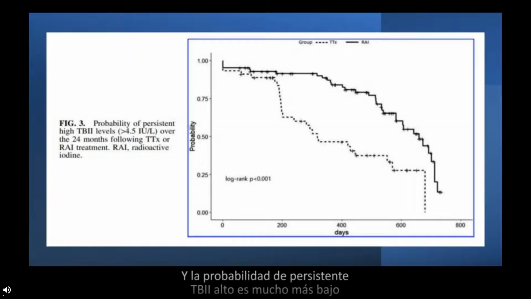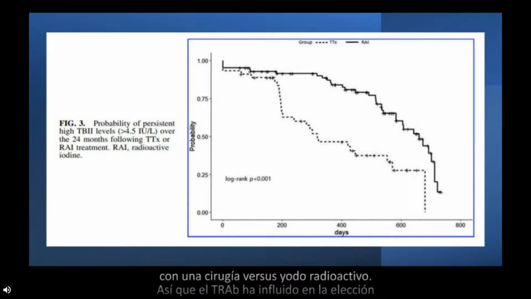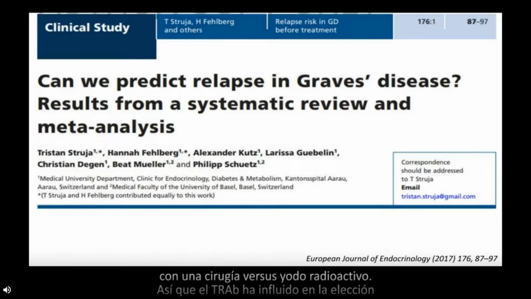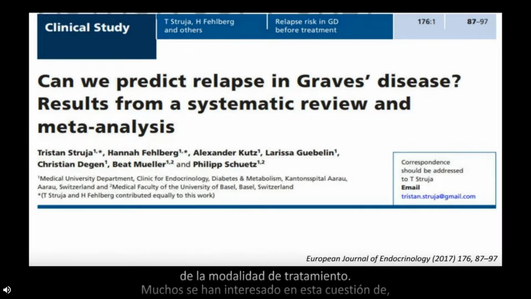And the probability of persistent high TBII is much lower with surgery versus radioiodine. So the TRAB has influenced the choice of treatment modality, right?